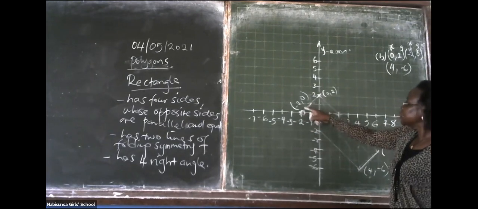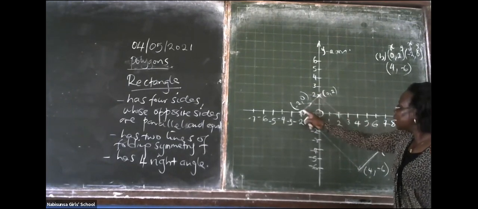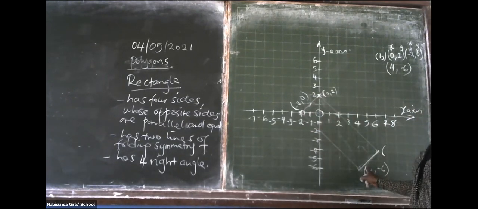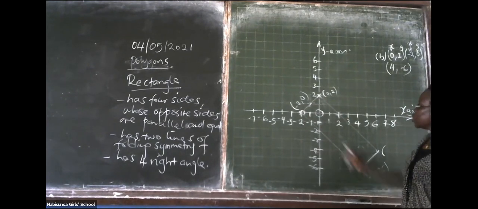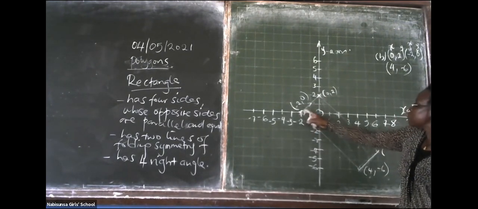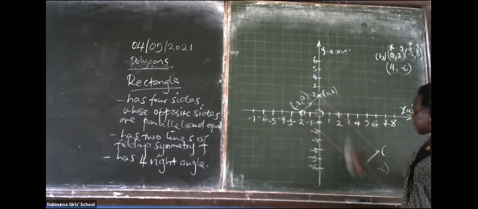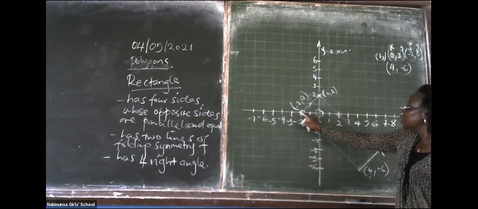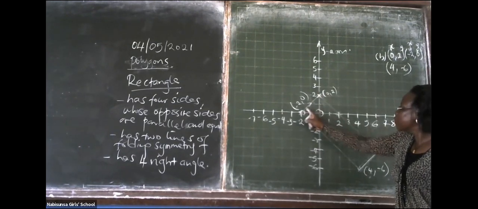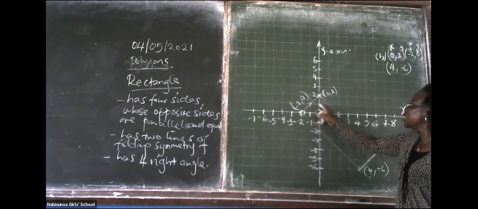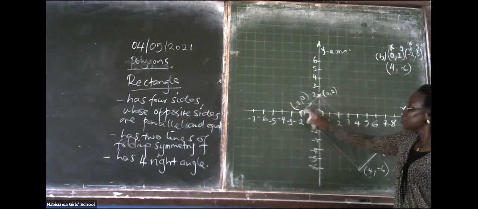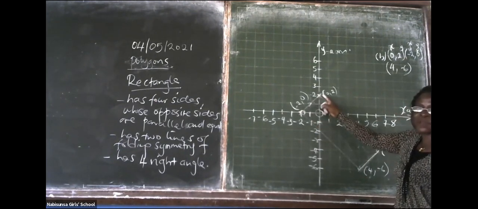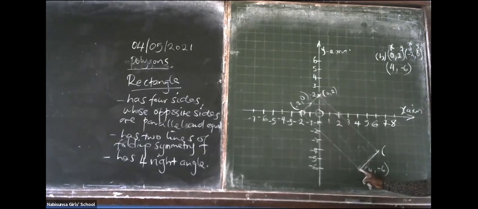But we know that the line here and its opposite have to be equal and parallel. So how we move from this point to that point is the same way we move from this point to the last point. And how do we move? From here up here, we are moving 2 steps across and 2 steps upwards. That is the same way we move from this point to the last point.